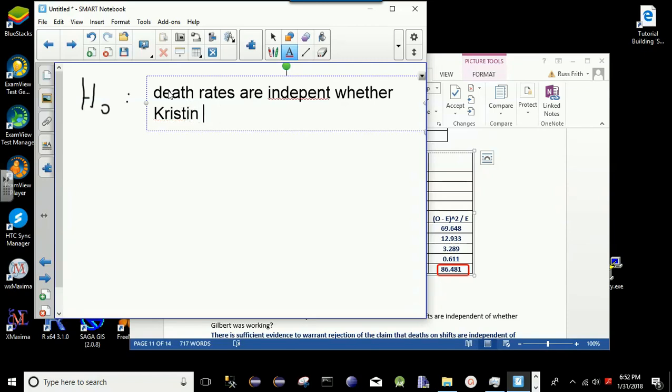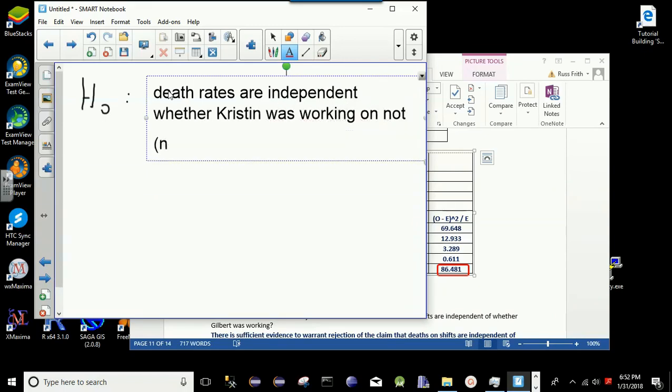I don't think there's anyone in our class named Kristen, so that's nice. Death rates are independent, whether Kristen was working or not. Okay, not guilty.